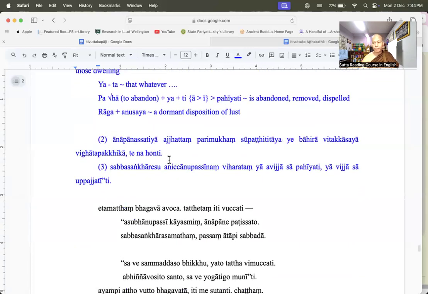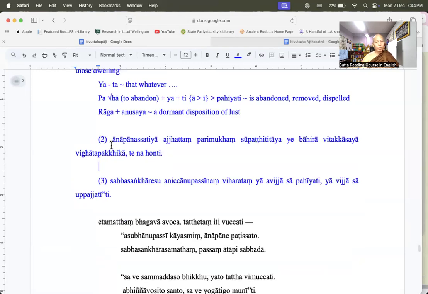And then second, anapanasatiya ijatan parimukhan, subhatitaya. That one we already learned.